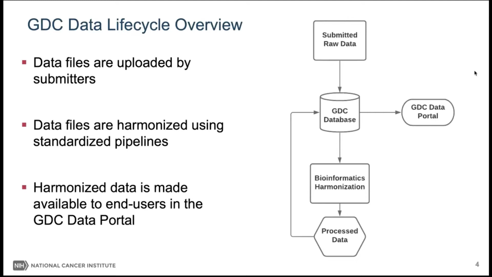Once these files are harmonized and we have processed data, that processed data is submitted back into the GDC database using some internal pipelines, and that data is then indexed so that it can be displayed in the GDC data portal, which is what you all see at portal.gdc.cancer.gov.